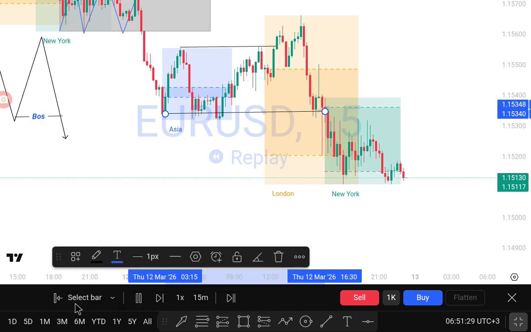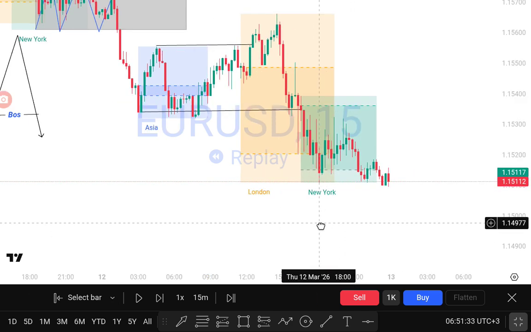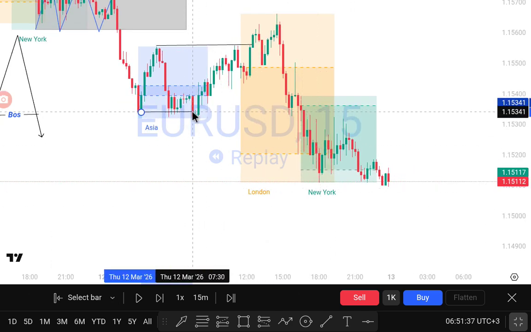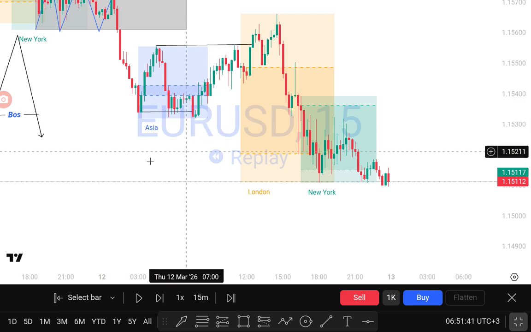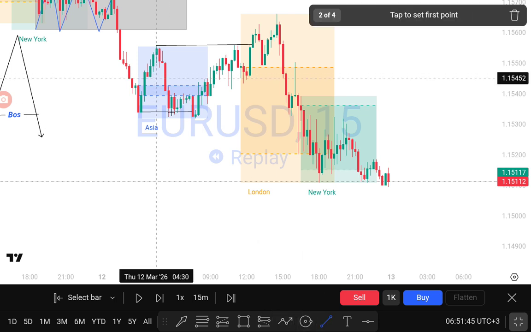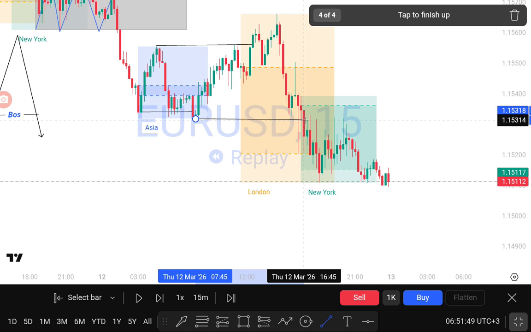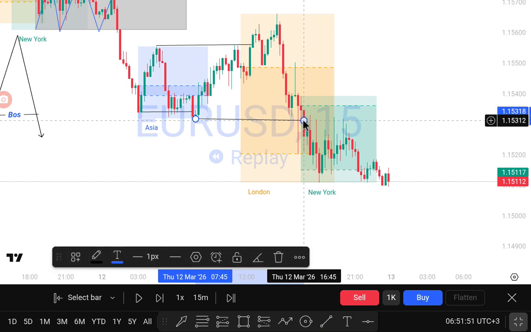Let me make this simple. We had a break of structure. We sweep these highs, and after price sweeping, we expect price to come and break another structure to the downside here.